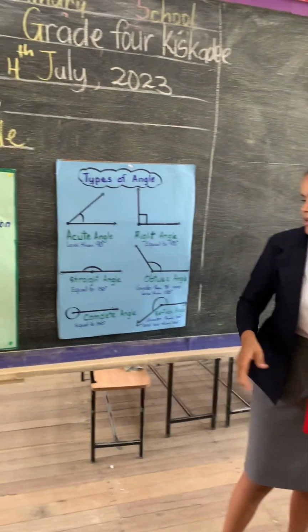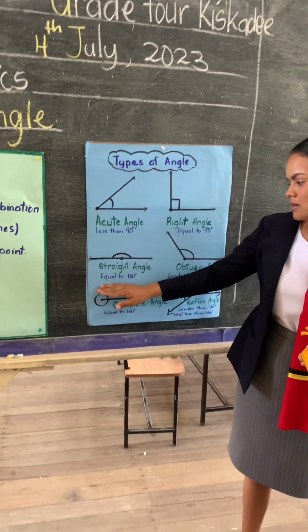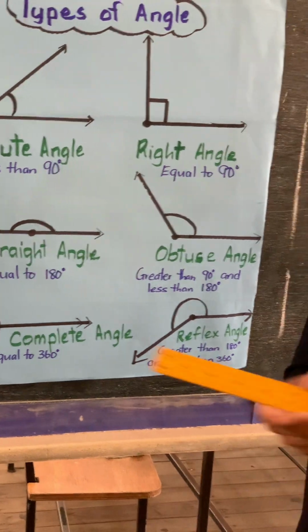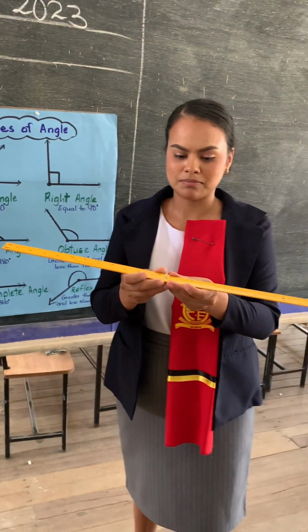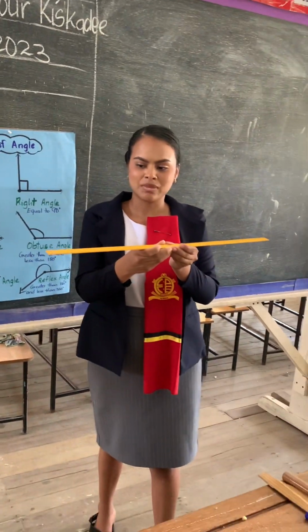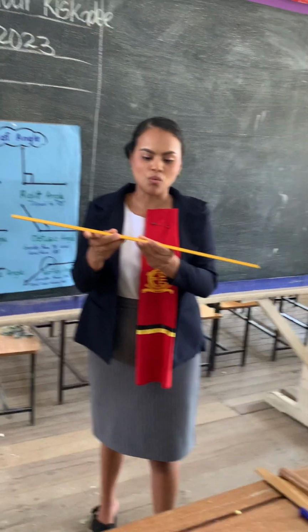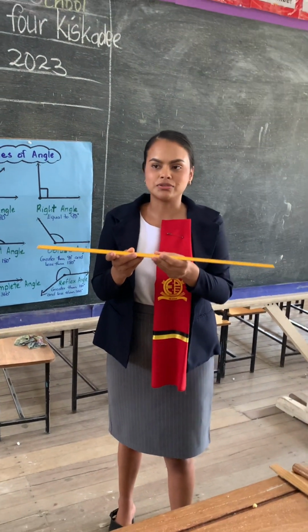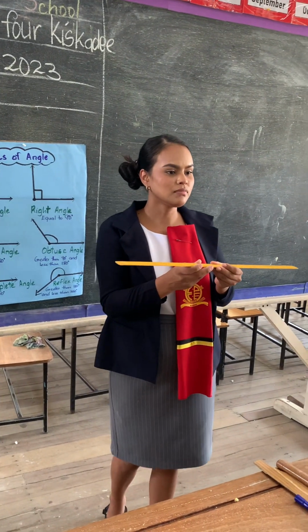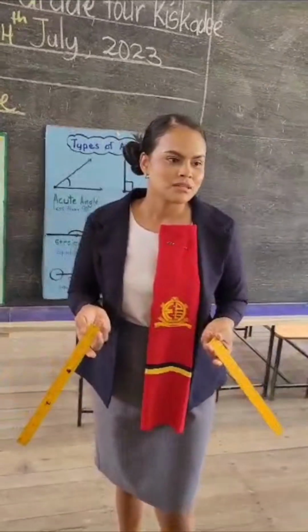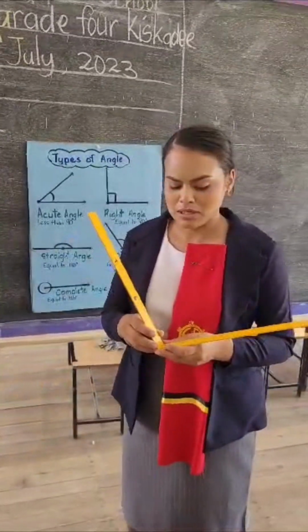Good. Then we have the straight angle, which is equal to 180 degrees, which will be straight. So from here to here it is 180 degrees. Does everybody understand so far? Good. So thinking about it, right?